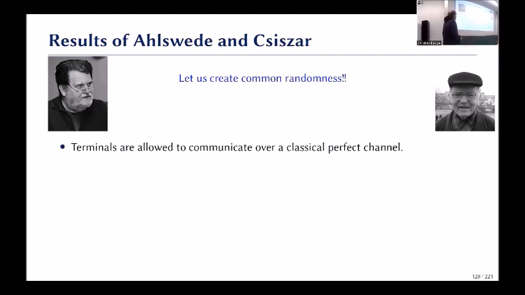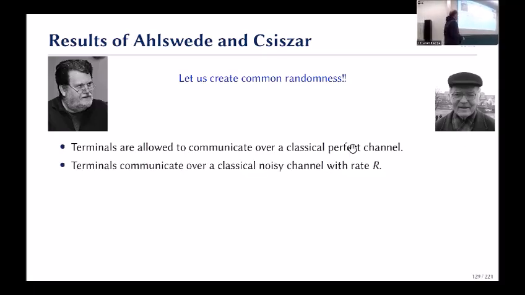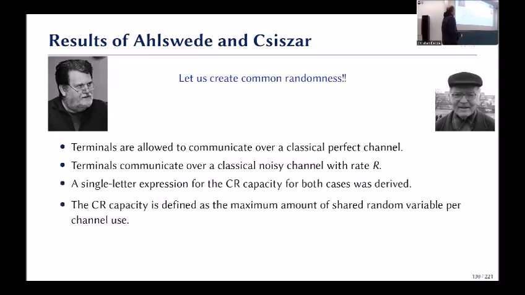Therefore, Ahlswede and Schaefer started with a theory of creating randomness. They looked at a model where terminals are allowed to communicate over a classical perfect channel of rate R, or they can communicate over a noisy channel also with rate R. Single letter capacities for both cases were derived.